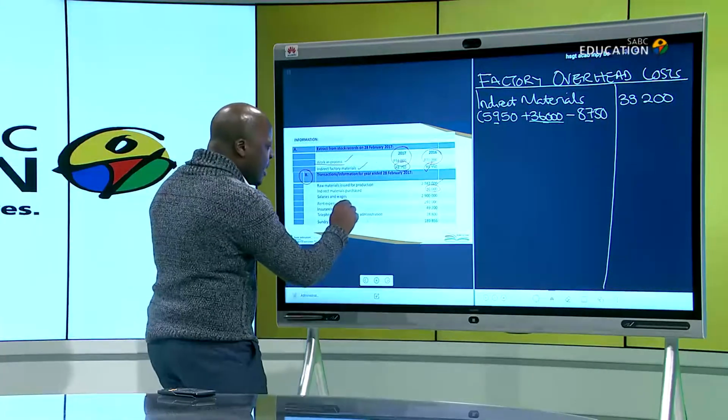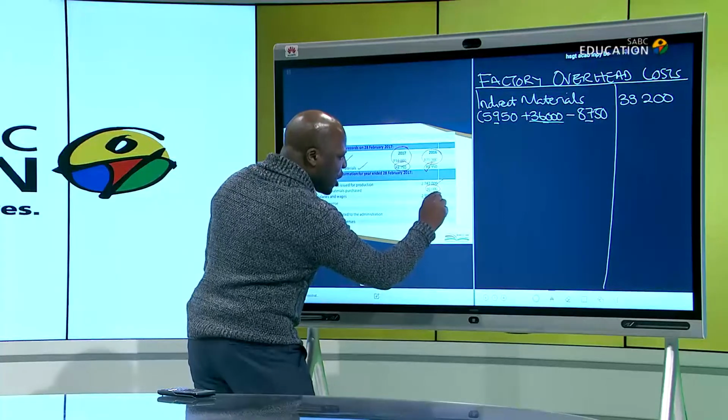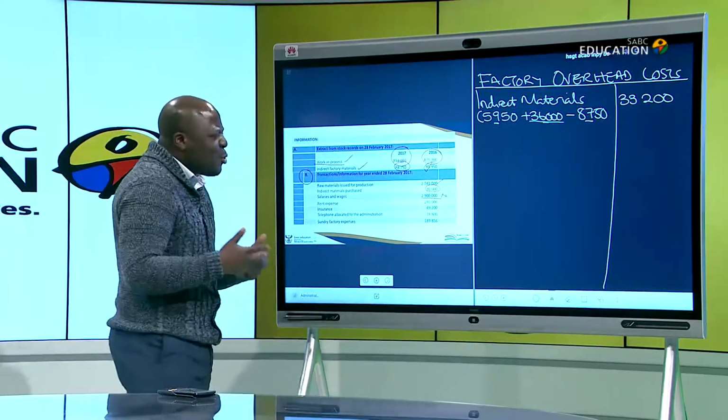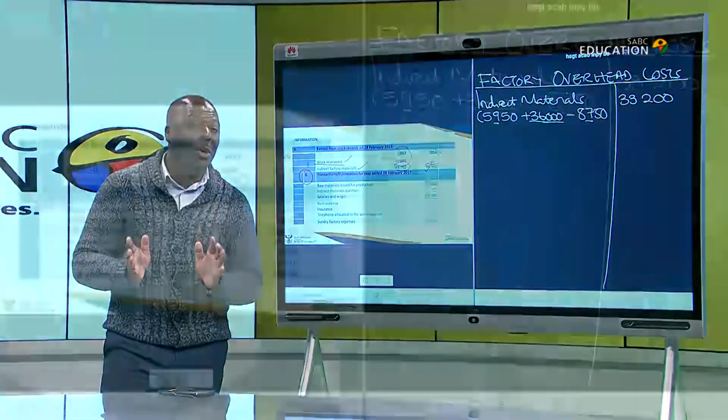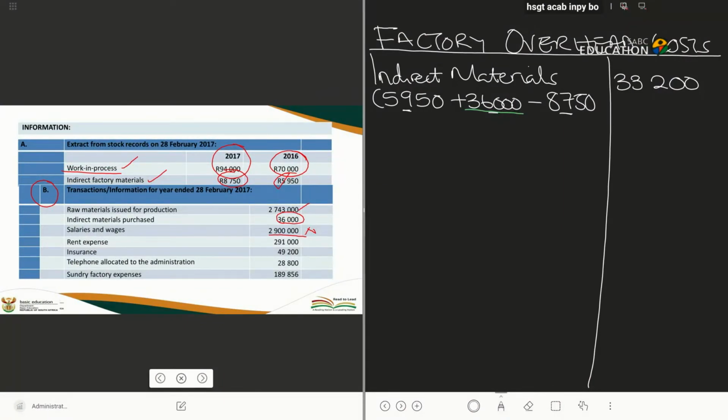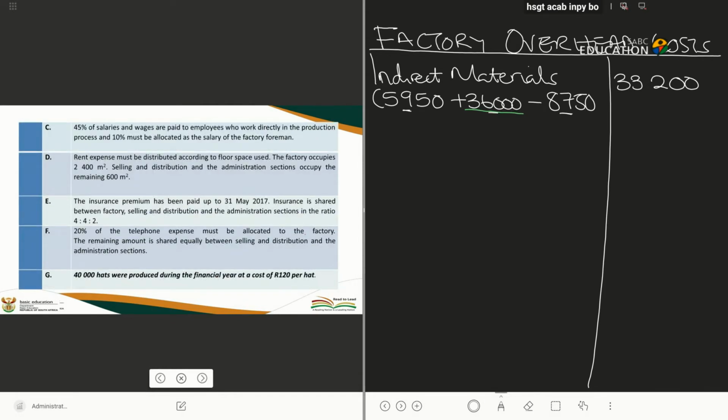Boys and girls, come with me to the next item that I have. Here they say salaries and wages. But this is not so clear because you have people who are working directly, and people who are working indirectly. Here they never specify to us, but probably they should have said something. Let's go and look at more information.